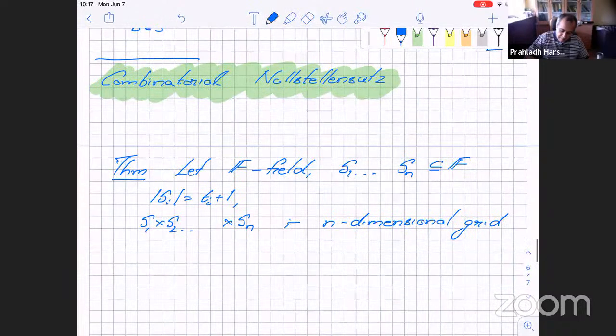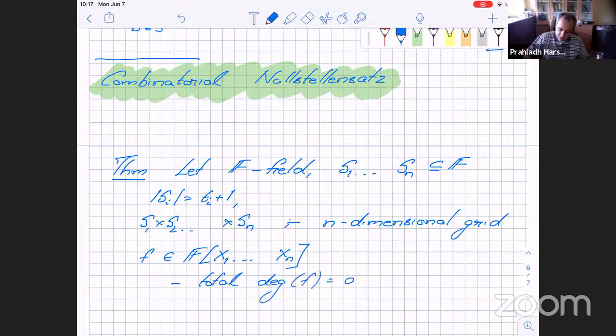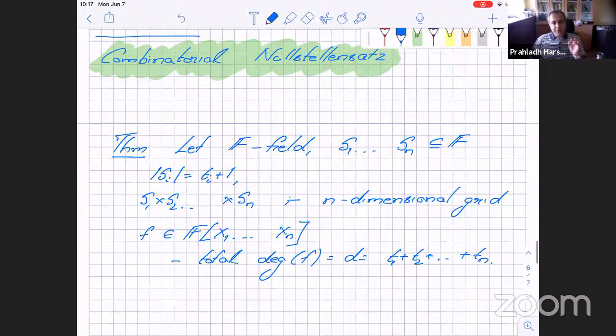So let f be an n-variate polynomial with the following features. The total degree of f is D, which is actually T1 plus T2 plus ... plus Tn. That's the total degree, which is 1 less than the size of each side of the grid.